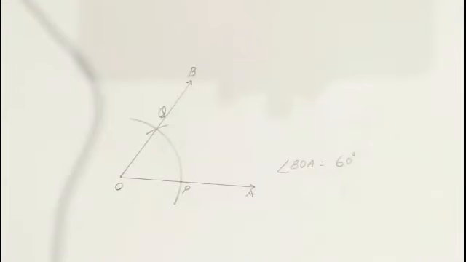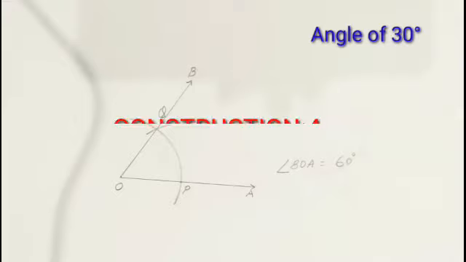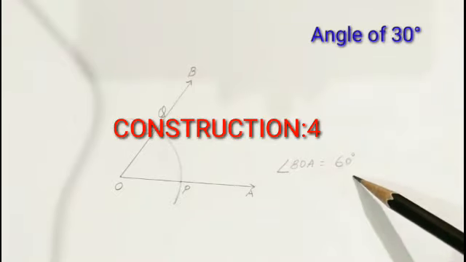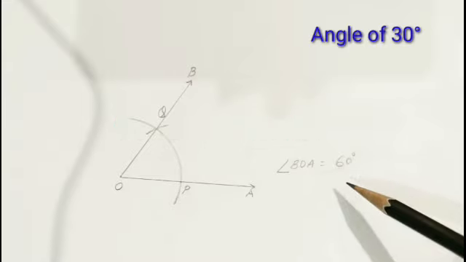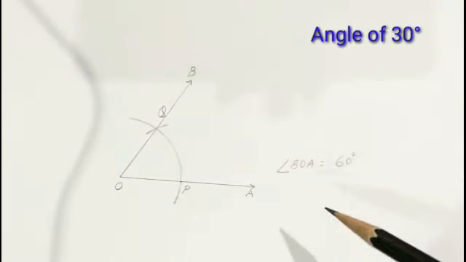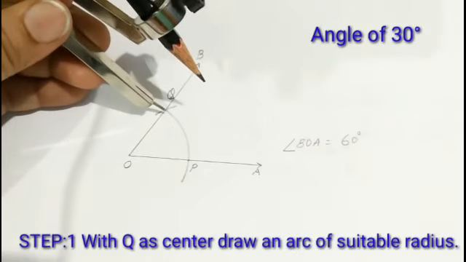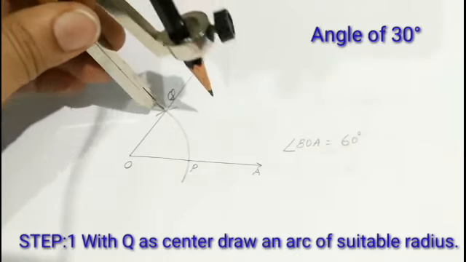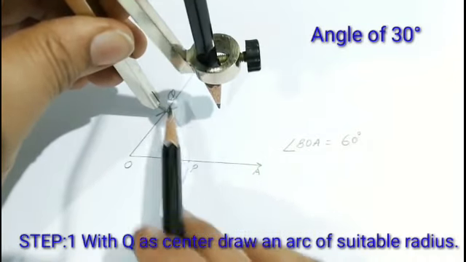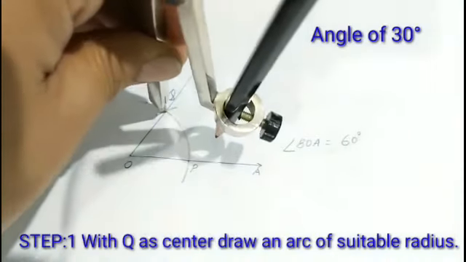To construct an angle of 30 degrees, take all the steps to construct an angle of 60 degrees. Once the 60 degree angle is obtained, then we'll bisect the angle and obtain the angle of 30 degrees. So the steps to be followed. Step 1. Take Q and S on the arc, and with a radius more than half of QS, draw an arc.